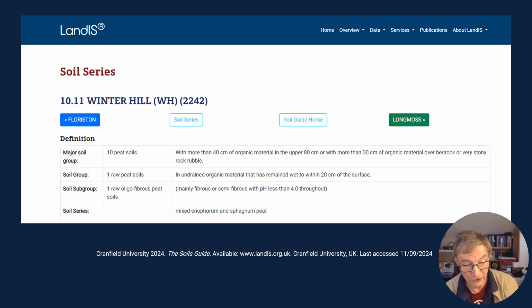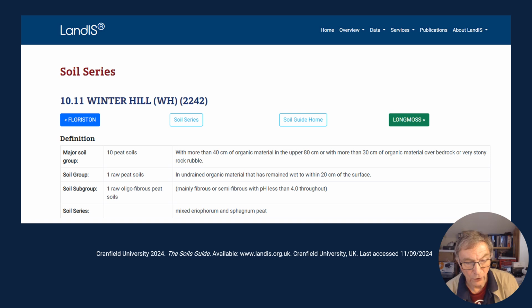This definition is also used today by DEFRA to prevent damage from rotational burning on peat within protected sites. Peat, which is only 30 centimetres deep within protected sites, is, one must assume, regarded as somehow immune to the effects of burning.